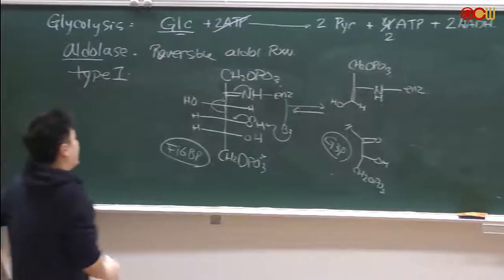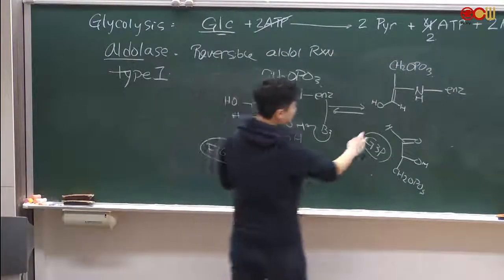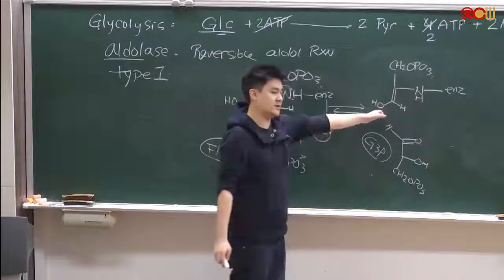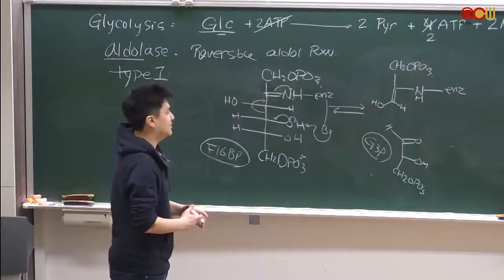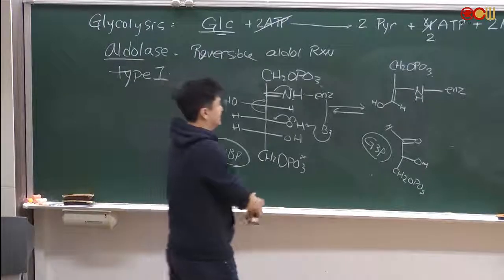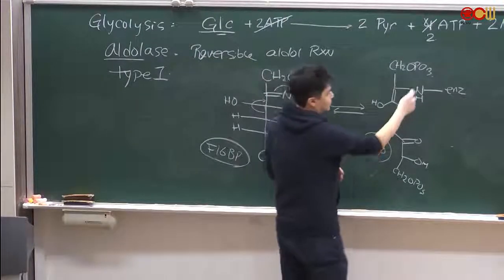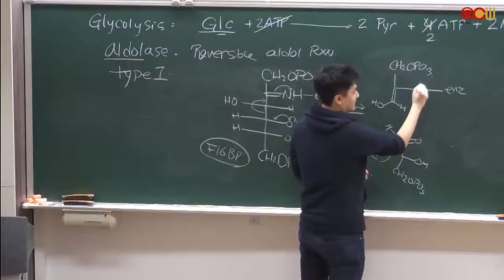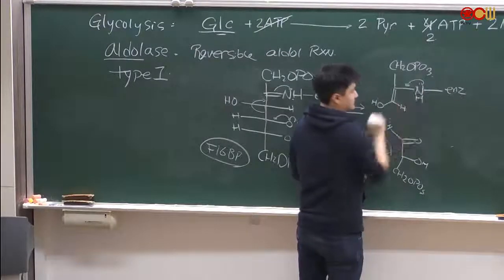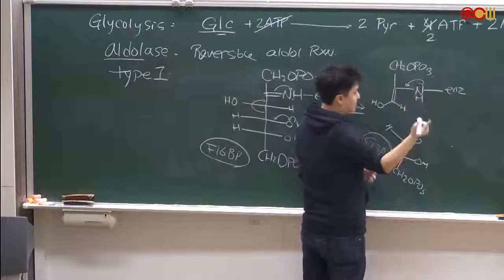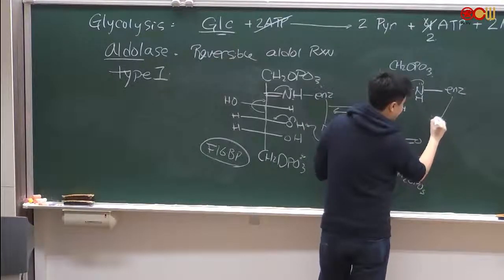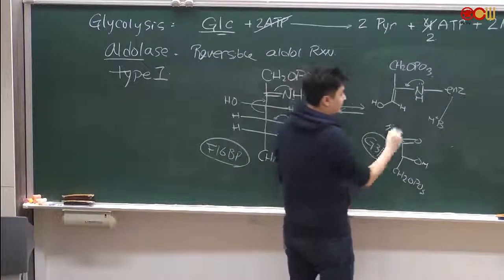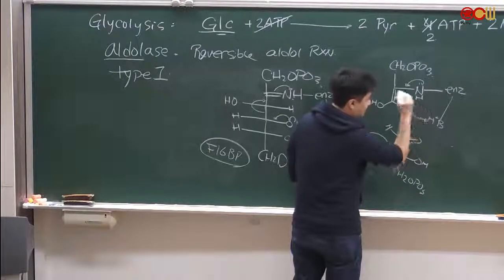Now, G3P is free. Now you have to liberate the DHAP. Obviously you can imagine the lone pair electrons coming back down. And then remember back somewhere we had a BH plus. This one is going to grab this proton.